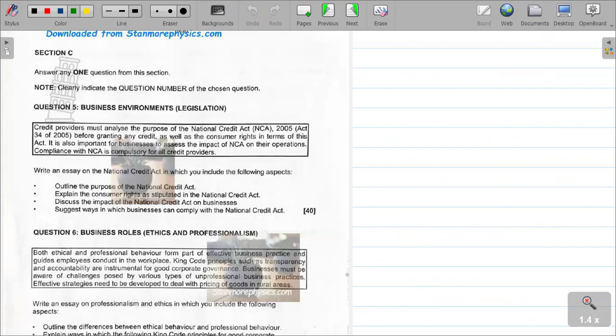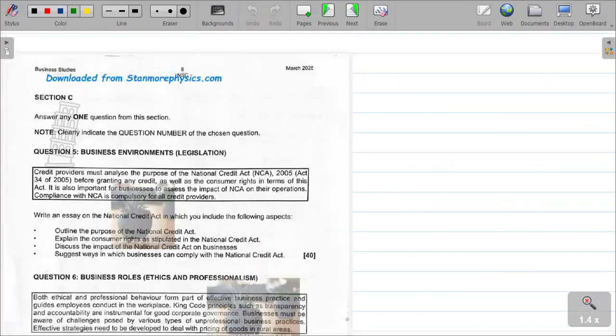Answer any one question from this section. Here, you're supposed to write an essay on the National Credit Act in which you include the following aspects.